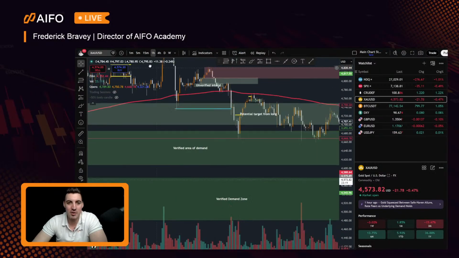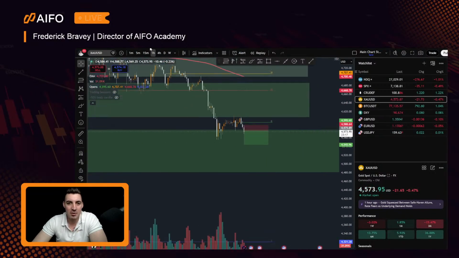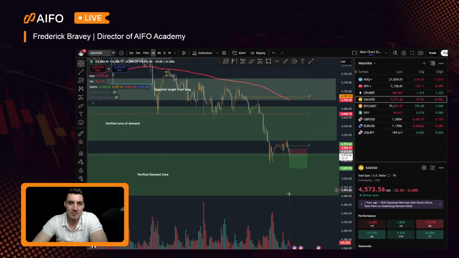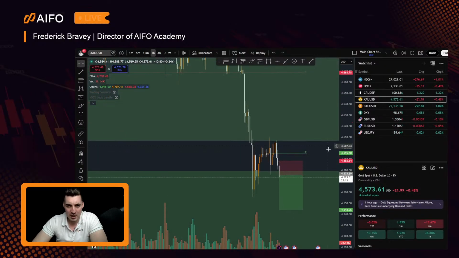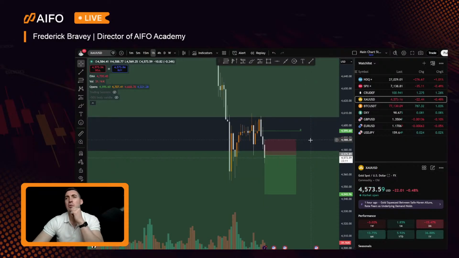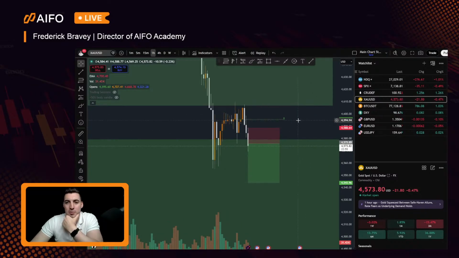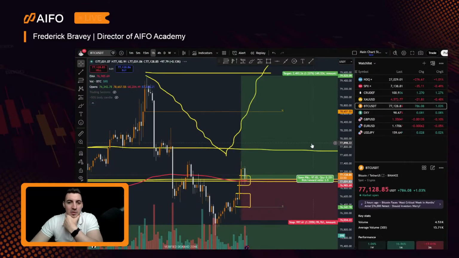Now we're seeing no clear trend emerging. On the lower frames it's pushing down, on the higher frames it's pushing up, and I don't like that conflict between the lower and higher frames, so I need to wait. If we see all the time frames with very similar trend indication, then this is fantastic. Technicals play very nicely when that happens.